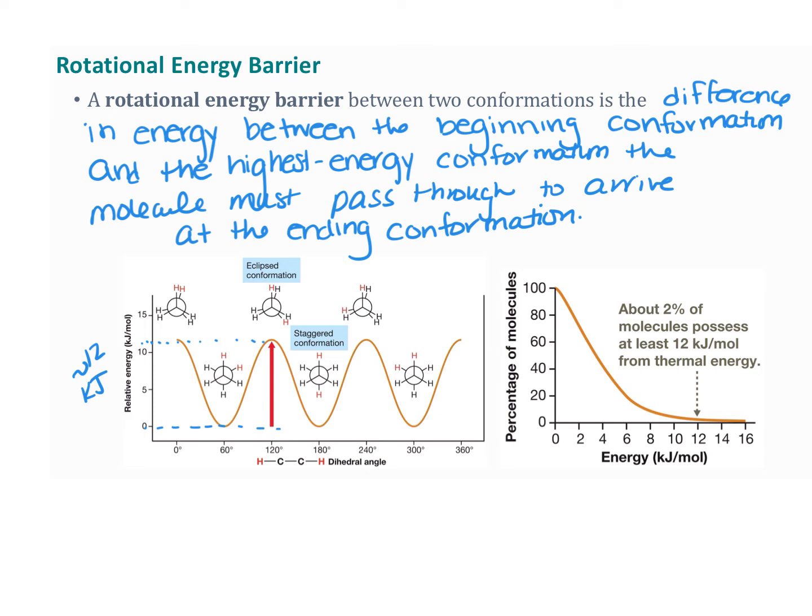Now, maybe the burning question in your heart is, where does ethane acquire enough energy to overcome the rotational energy barrier? The answer is thermal energy.